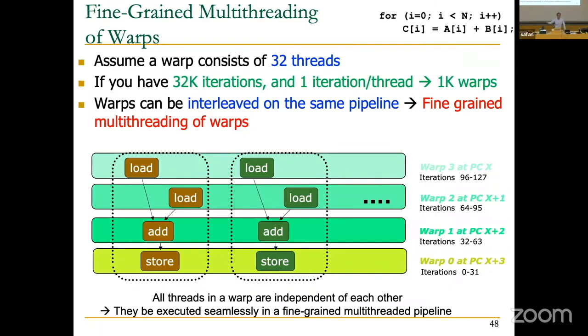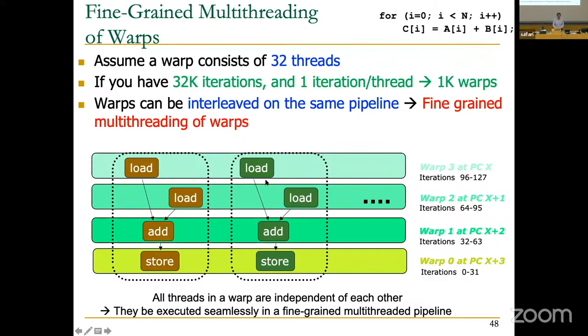Does that make sense? So in the steady state, you can have warp 0 executing these stores at PC X plus 3 across iterations 0 through 31. In the add unit, you may have warp 1 at PC X plus 2 executing iterations 32 through 63. In the load unit, because you may have multiple functional units, you may have warp 2 executing PC X plus 1, which is the load over here, but iterations 64 through 95.